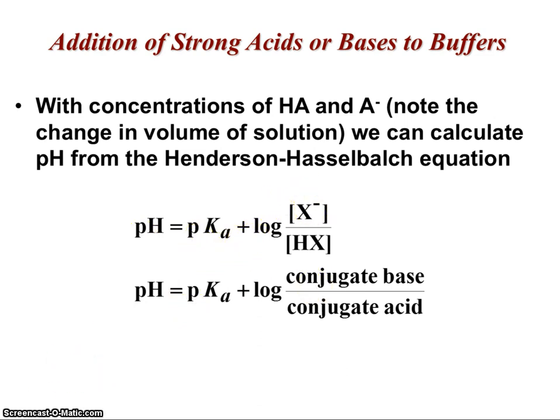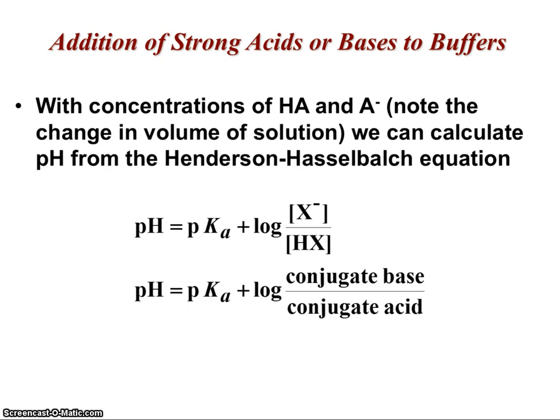Now, there is another version of the Henderson-Hasselbalch equation, and they go through it in your book, and they call this one making an acidic buffer, and they call the other one making a basic buffer. They have slightly different forms, but they're still going to give you the pH.